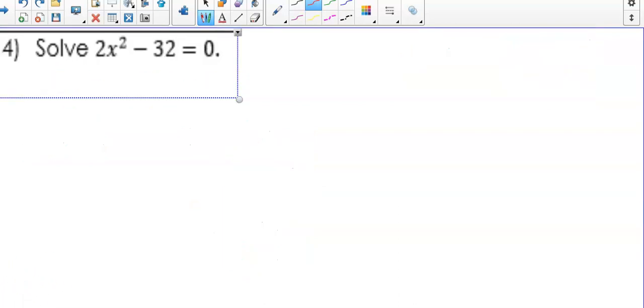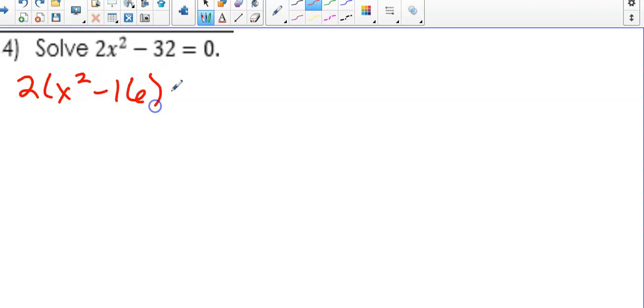Number 4 is already in standard form, so I'm going to start factoring. I notice that I can divide both of these by 2, so I'll factor out a 2. And then right here, okay, we need to factor the x squared minus 16. This is a difference of 2 squares.